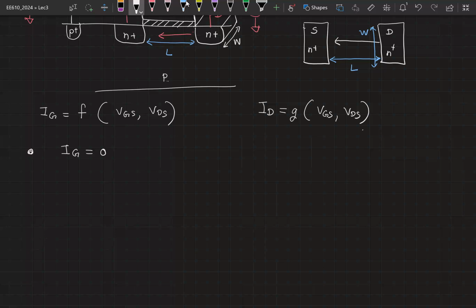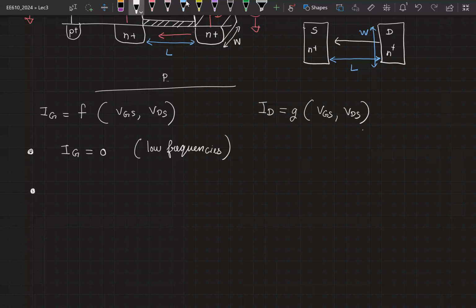Your gate current is equal to 0. This is of course true for low frequencies. But given that we are looking at large signal parameters, IG, VGS, VDS, etc. are going to be that initial point where you solve the network before you apply the incremental voltage source. These operating points are going to be DC, so frequency equal to 0. So this is a good enough approximation. So your IG is equal to 0.